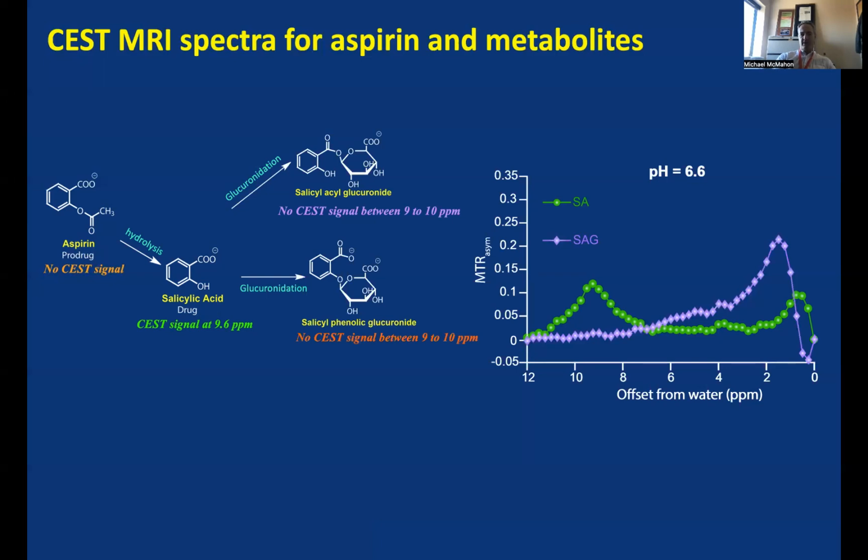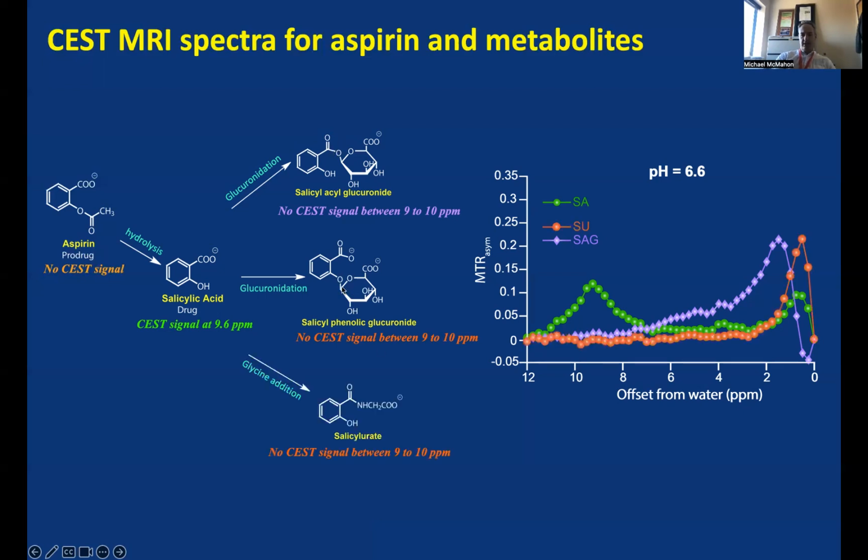Similarly, we expect this for the other glucuronic acid addition to the OH site as opposed to the carboxylic site. And in this case of a salicylate, there's no CEST signal either between 9 and 10 ppm from water.